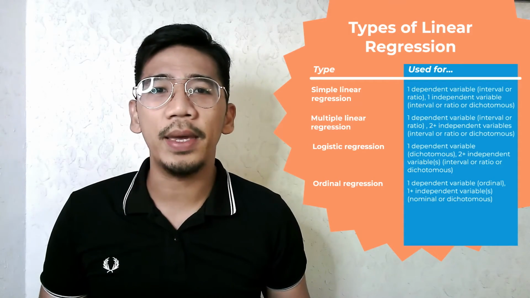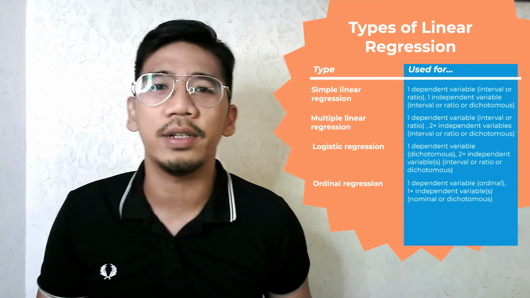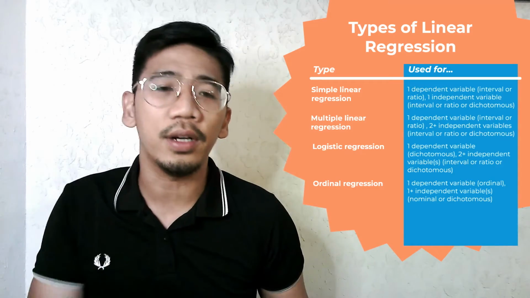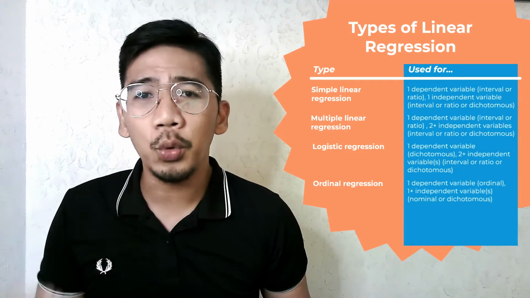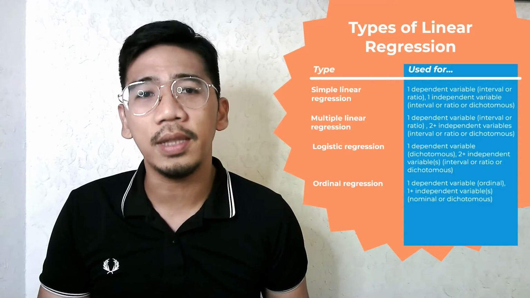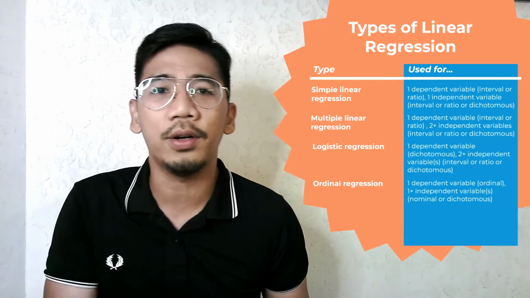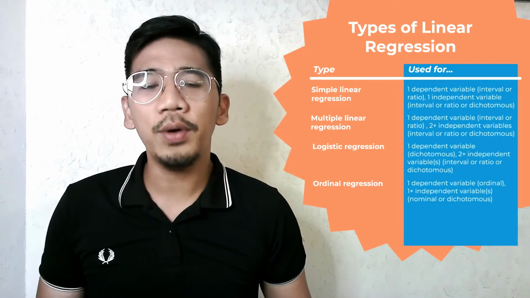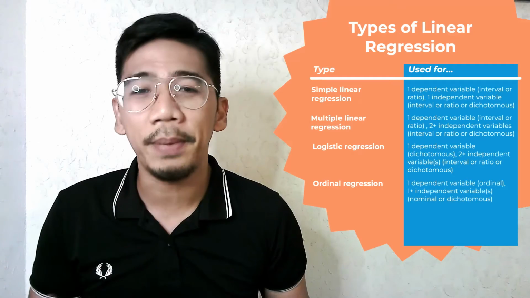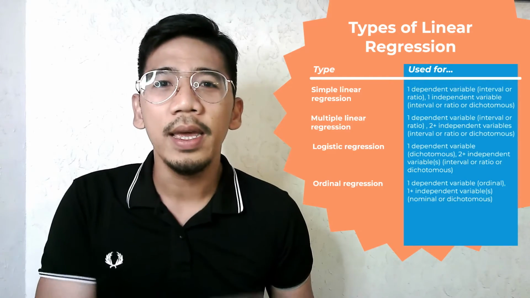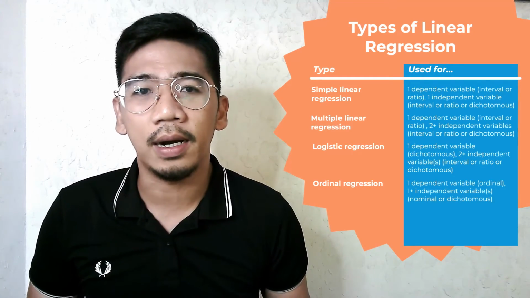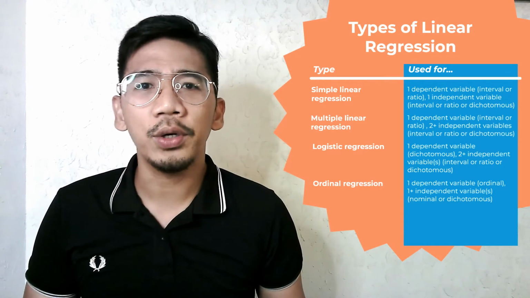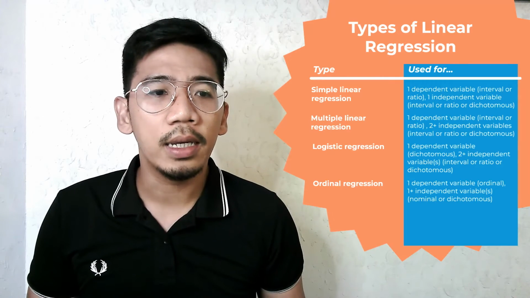The second type is multiple linear regression, where you have one dependent variable that is either interval or ratio, and you have two or more independent variables that are interval, ratio, or dichotomous. Then you have logistic regression, where you have one dependent variable that is dichotomous and two independent variables that are interval, ratio, or dichotomous in nature.